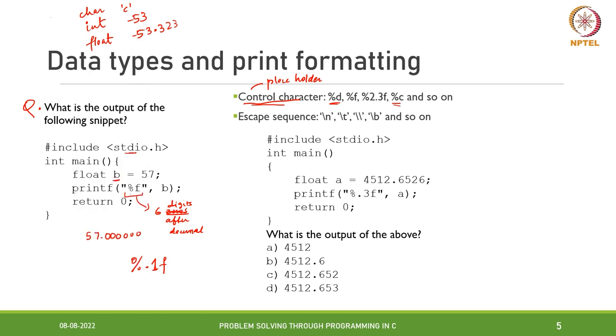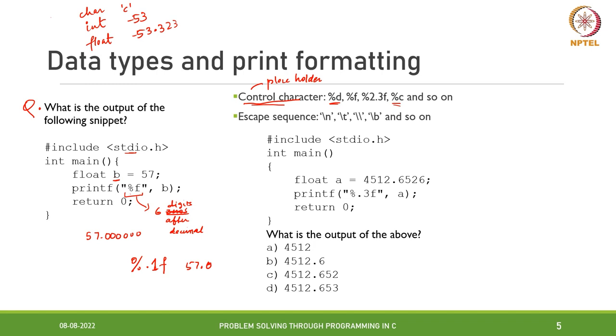So point one f means I am telling the compiler that I want only one digit after the decimal to be printed. So if I write percentage point one f, I would get 57.0 printed.